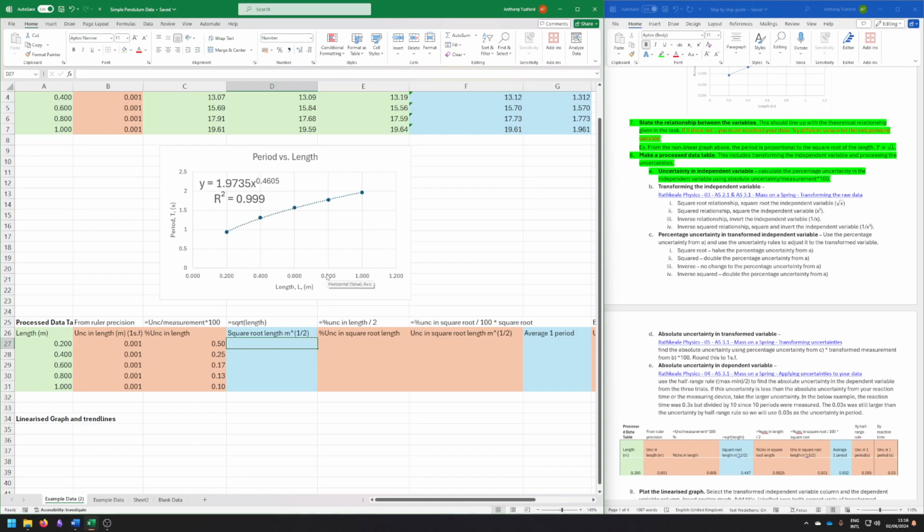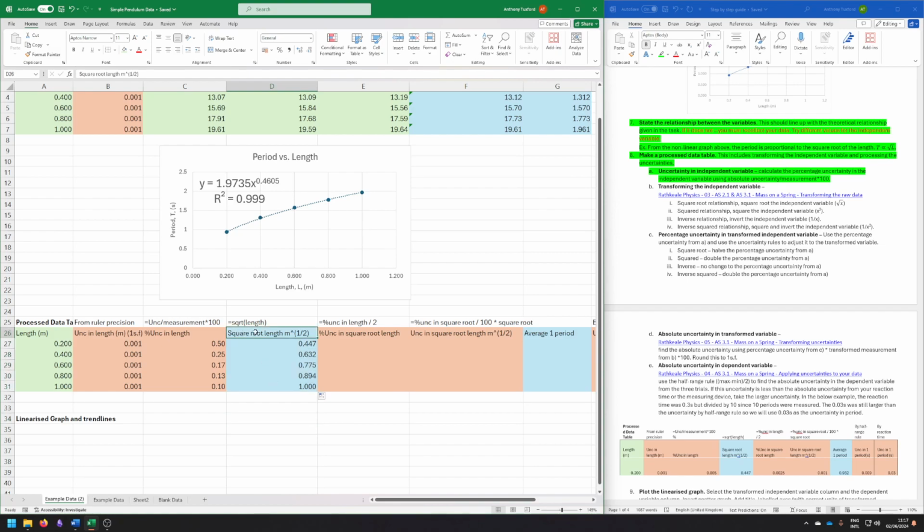So you can go equals SQRT, right, square root, open bracket, select the length measurement, so click, close bracket, enter, and like before, to repeat that rule for the different lengths, you can click and drag, or double click this green square.